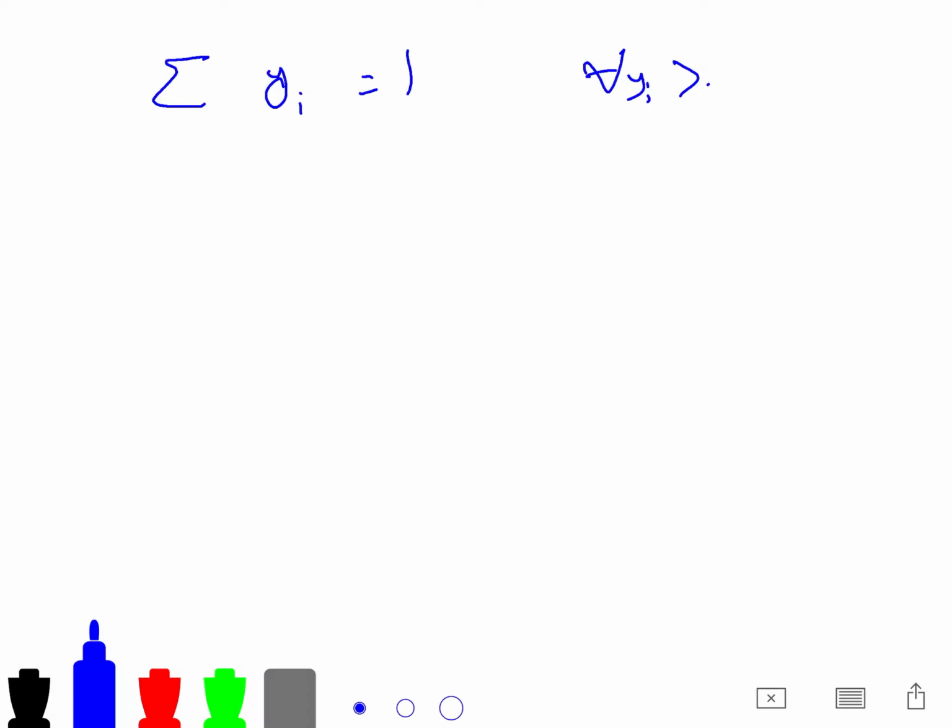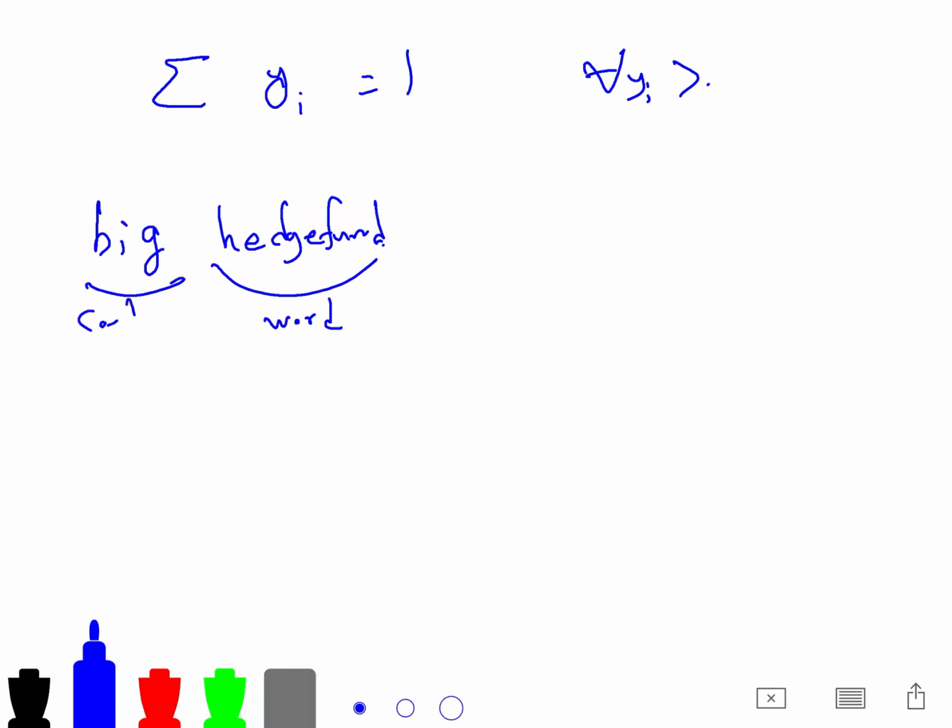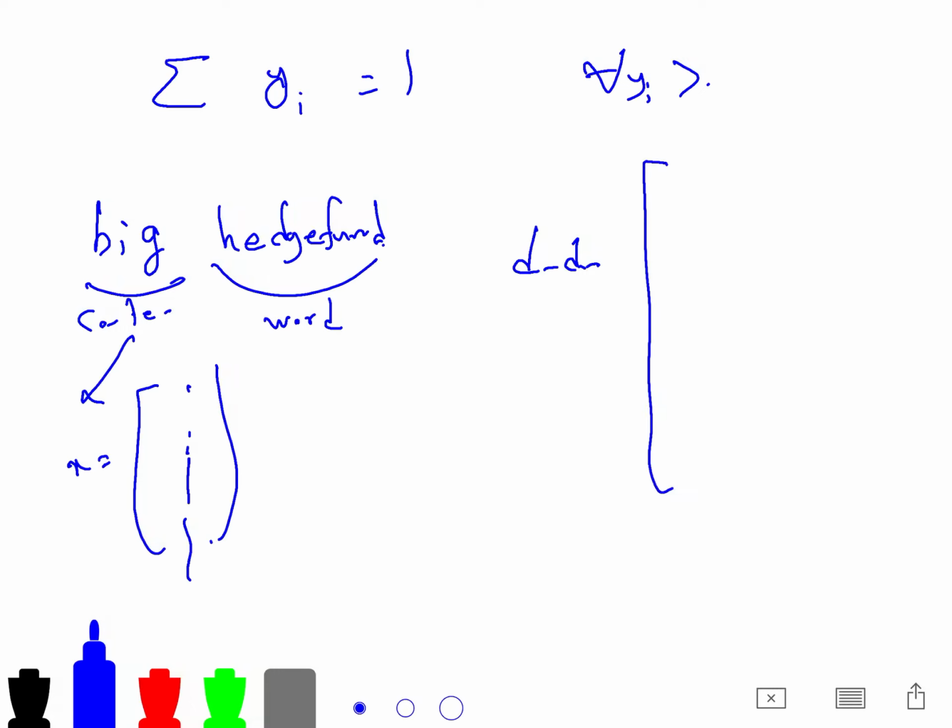For example, when you say a big hedge fund, this is a word, this is the context. So this is, for example, x equal to something, and you represent it by a d-dimensional vector. Your output has some probabilities. Let's say y is the output probability vector.